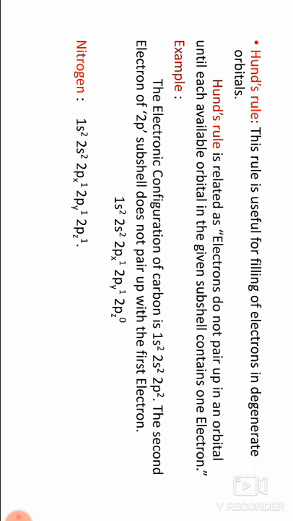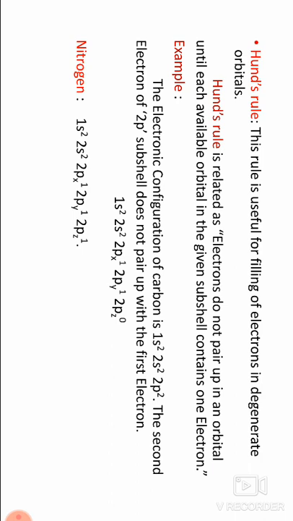The electron configuration of chromium and copper is different from that predicted. These configurations are called anomalous configurations. Configuration of chromium, Z equal to 24.